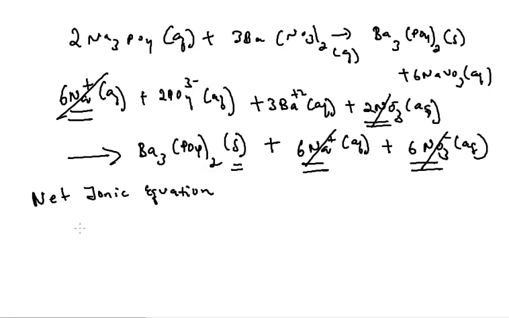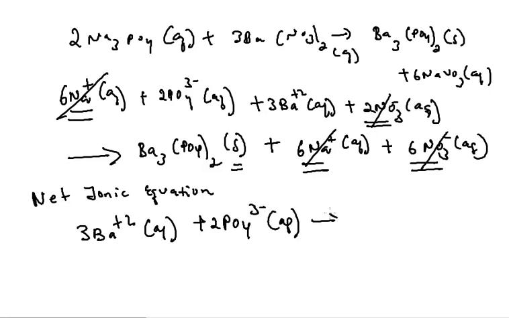So the net ionic equation is what is left over. From the reactant side we have 3Ba2+, which is barium 2+, and 2PO4 3-, which is phosphate. And from the product side we have barium phosphate, solid.